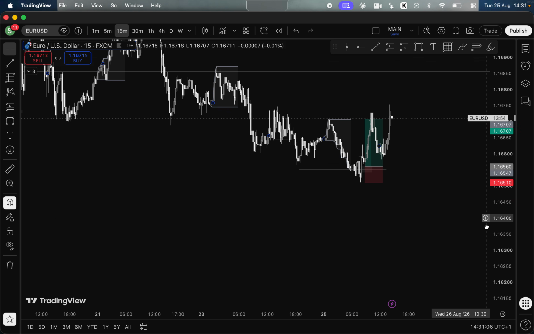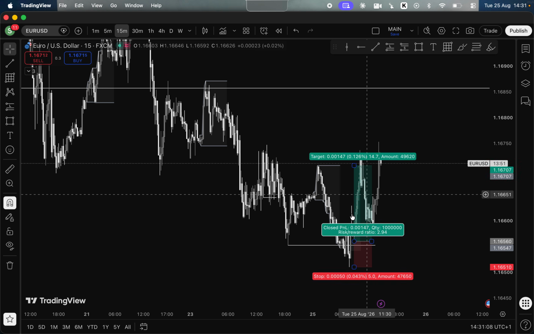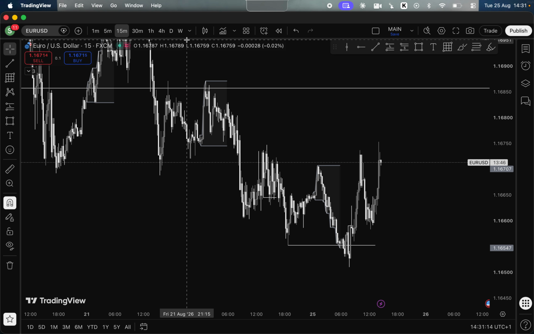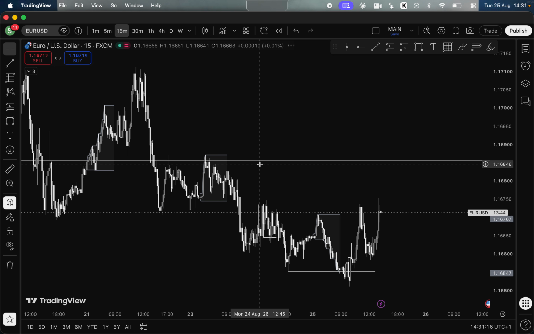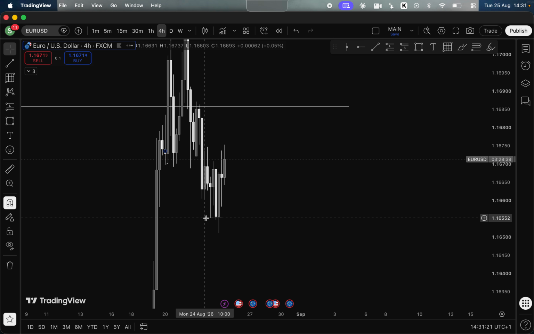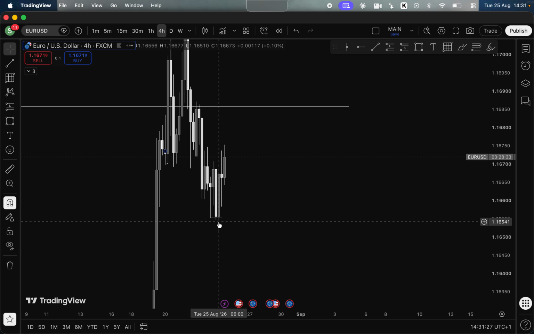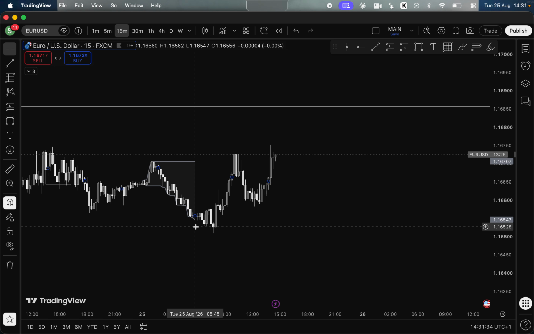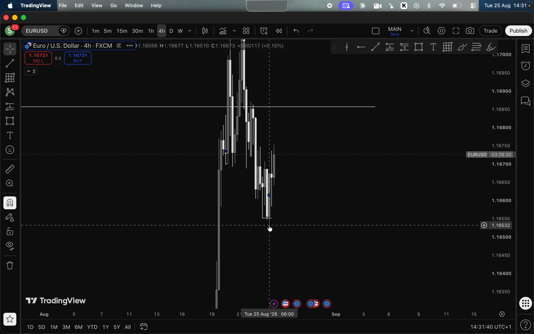I'm not looking too deep into this, but when I'm looking at direction, and also Euro swept it on the 4 hour. I would have opened at 6, closed at 10.